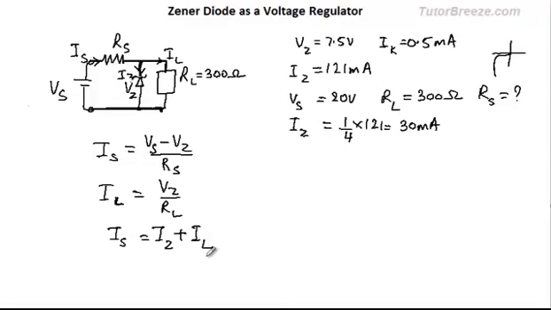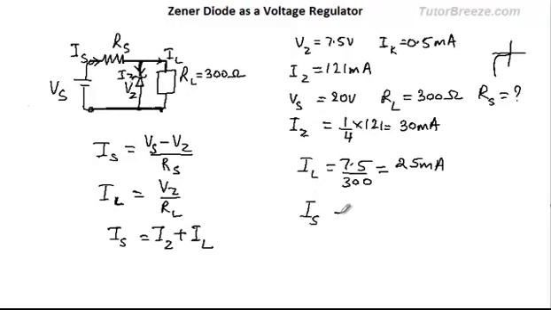Now using these equations you can find the value of Rs, and IL comes out to be 7.5 over 300, which is about 25 milliampere. Iz was 30 milliampere, so Iz plus IL is Is.